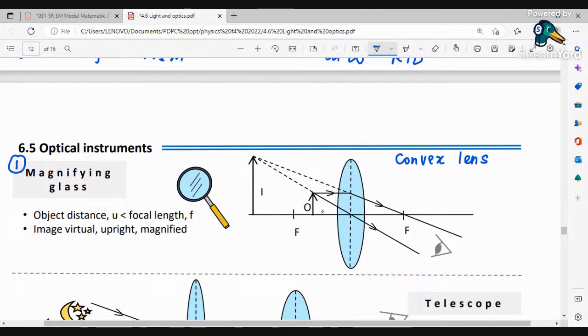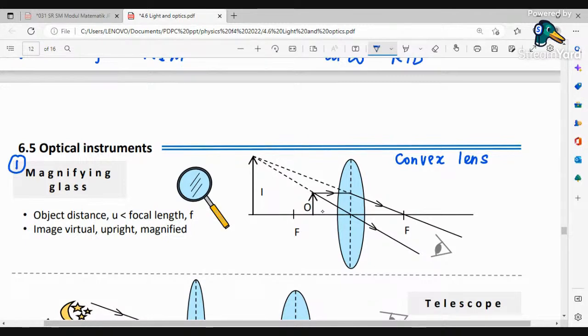Normally when we use a magnifying glass, we put it closer to the object in order to magnify it. For example, if the writing is too small, you can put a magnifying glass to make it bigger. So you must put the magnifying glass close to the object.